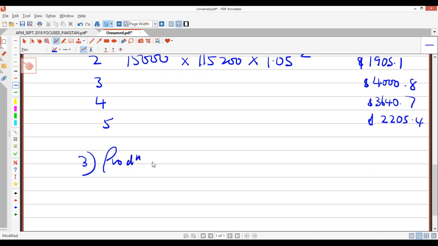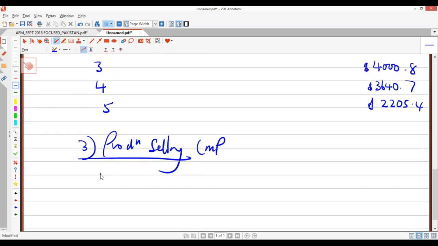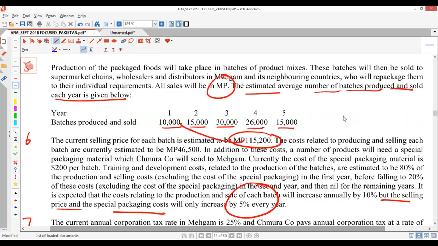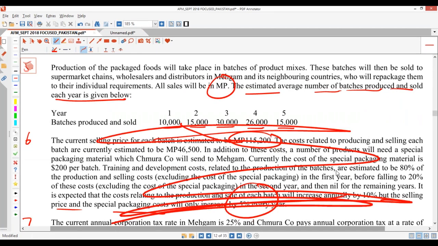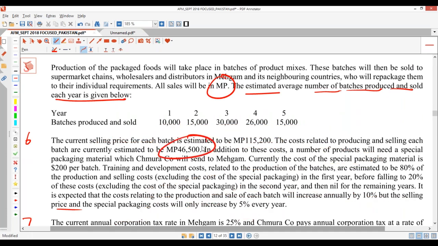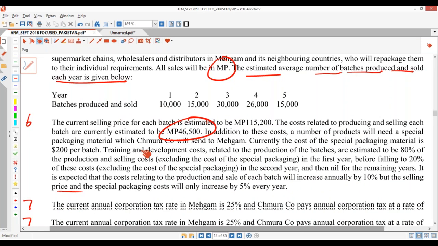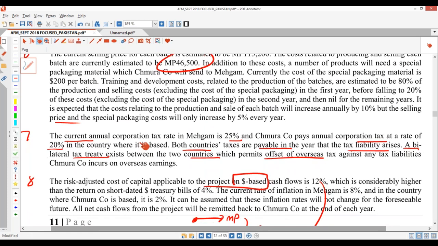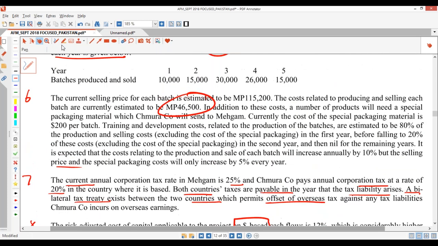Same thing goes for your production cost, production and selling, and whatever you have here. This is also going to be Megan peso. Year 1 is going to be 10,000 units or batches multiplied by 1 unit costing, how much is that? 46,500. It will be inflated, but they didn't tell you here how many percent the inflation has to be. 10%.